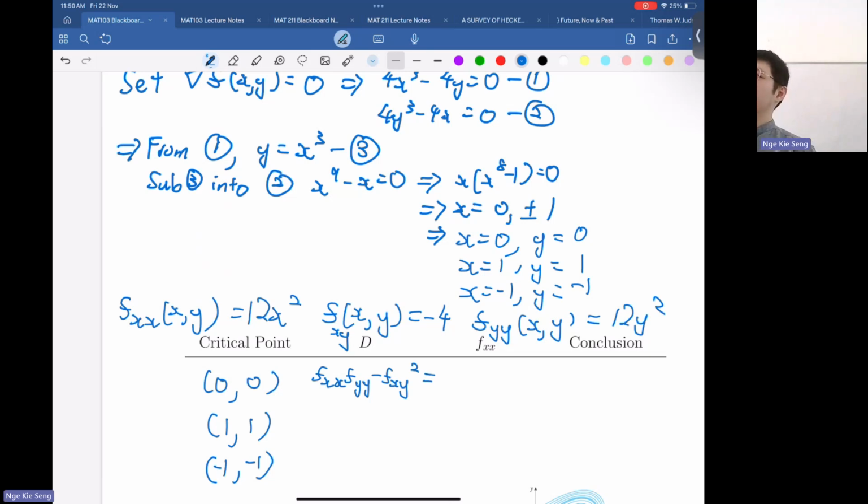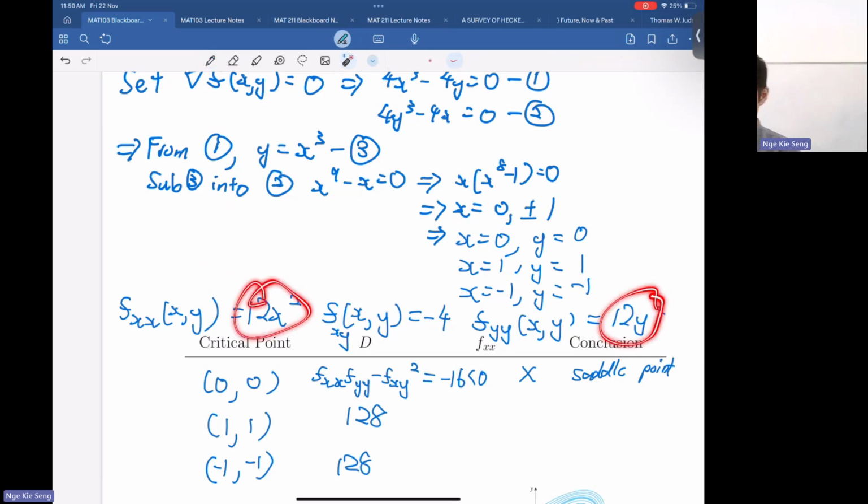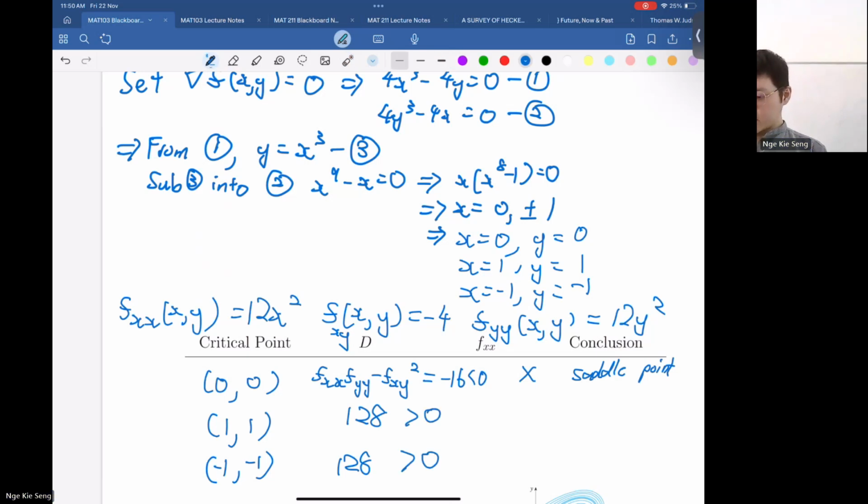-16, which is less than 0. Less than 0 is what case? Saddle point. No need to compute fxx. At (1, 1), D is 128, and at (-1, -1) it is also 128, because these two functions are symmetric. 128 is greater than 0, so we need to decide what fxx is now.